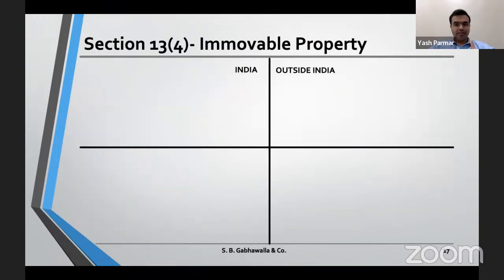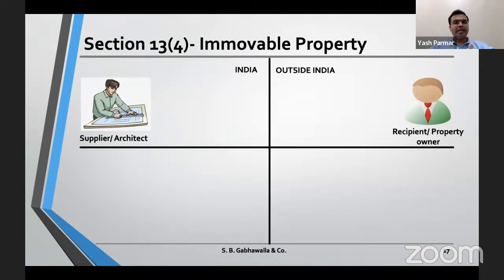Let us try to understand this with the help of some examples. Say there is a property owner, an individual who is a resident of a foreign country. There is an architect who is based in India and operating from India.